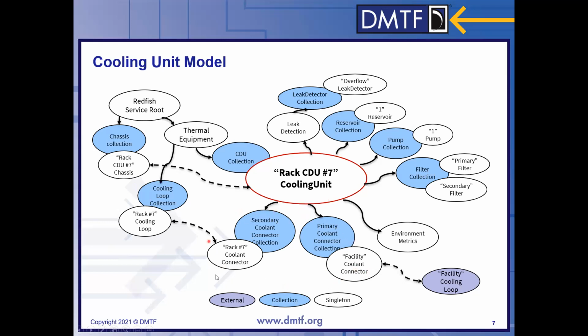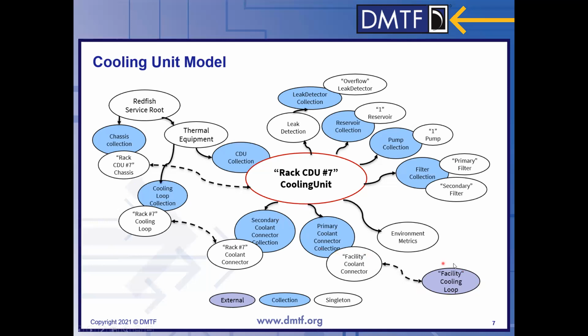They are separated into 2 collections by functionality, as most cooling equipment has a primary and a secondary side to them, with obviously the cooling business going on between those. So we do separate those out, and each of those has a separate collection. And you can see in this particular one, we have a connection on the primary side coming in from the facility.